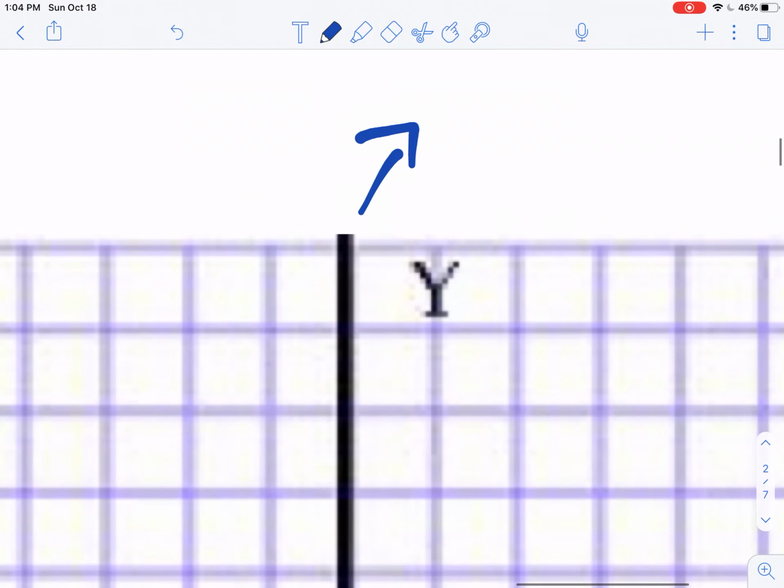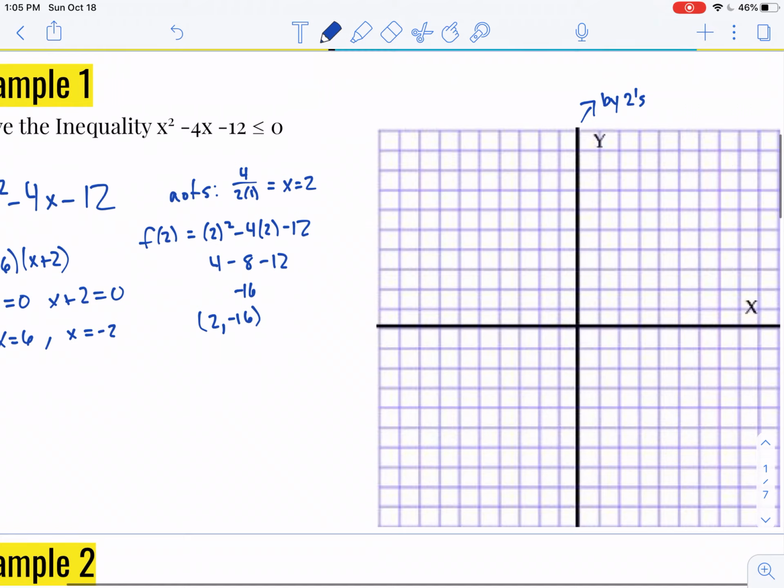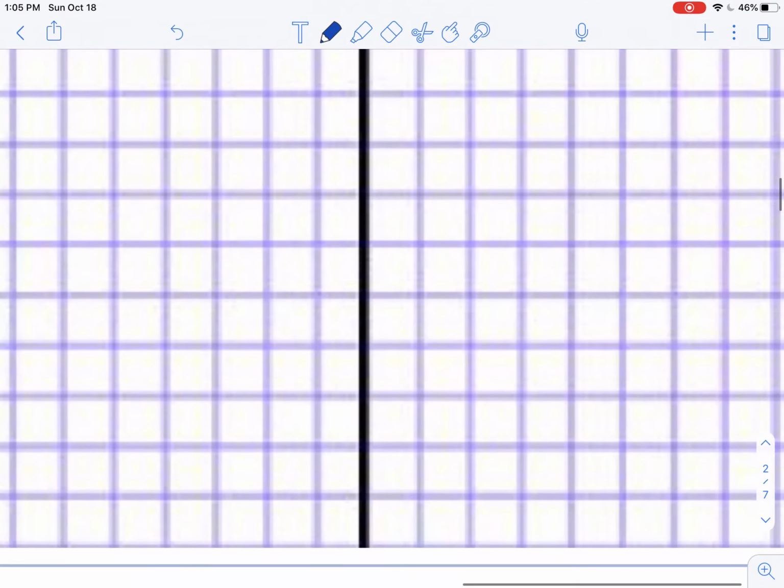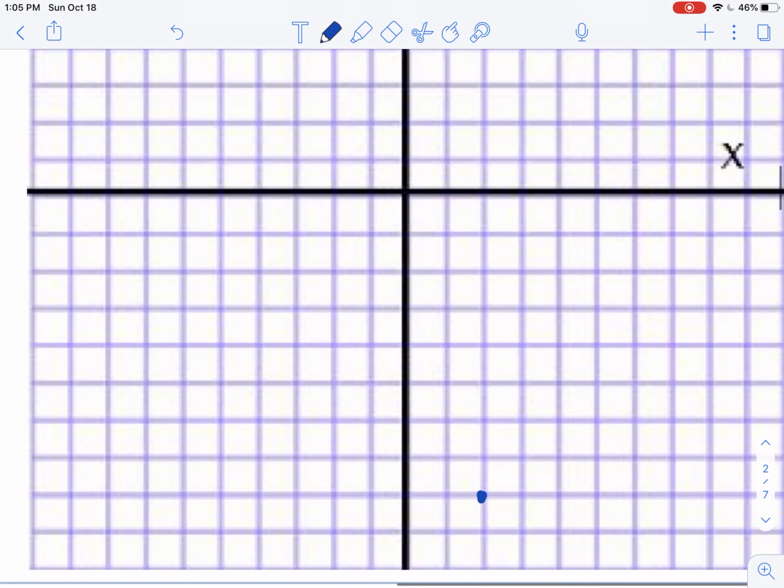When I graph this, I'll count my y's by 2's, so that way I can fit it on my y-axis, and I'm going to count my x's still by 1's. So I've got 2, negative 16, x-intercept at negative 2, x-intercept at positive 6. And I'm going to graph my parabola.